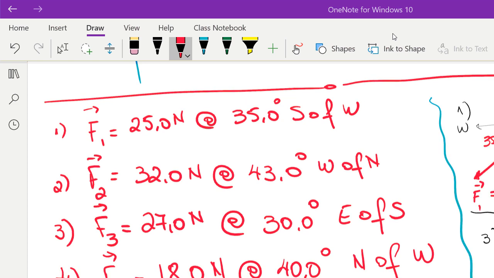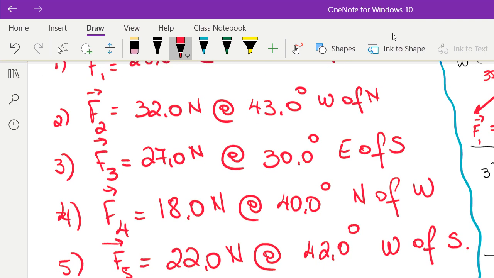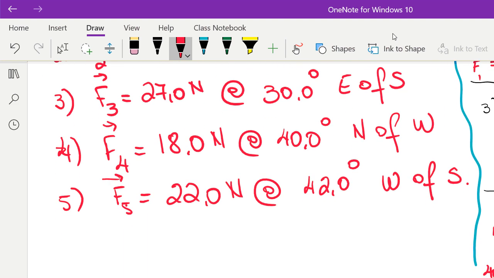So this is what you should have: for F1, the angle with west, for F2, the angle with north, for F3, the angle with south, for F4, the angle with west, and for F5, the angle with south. So the last letter is where you have to start the angle from.